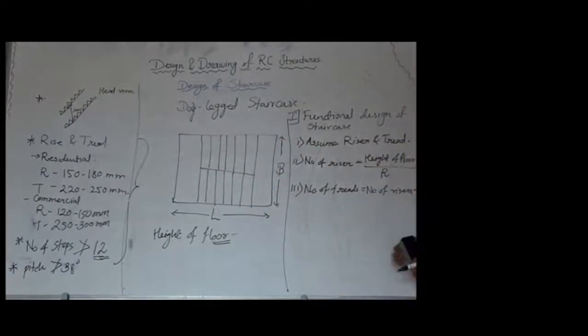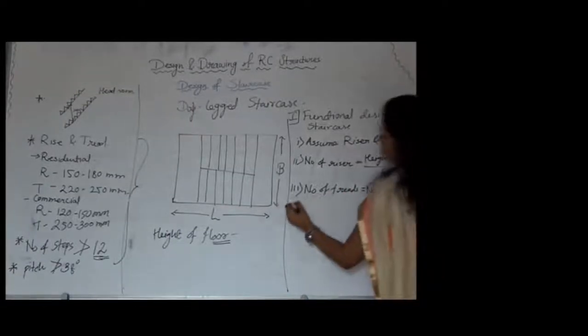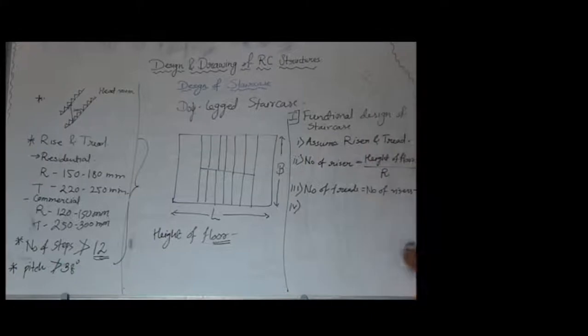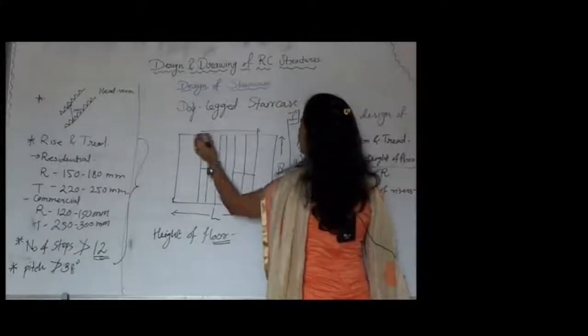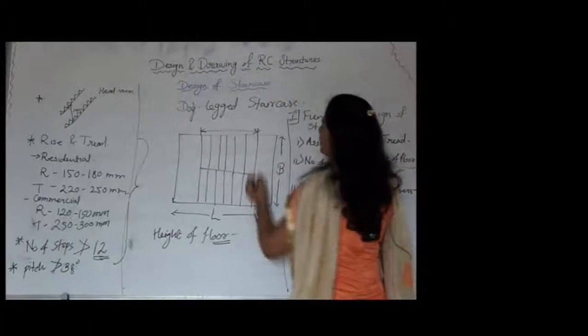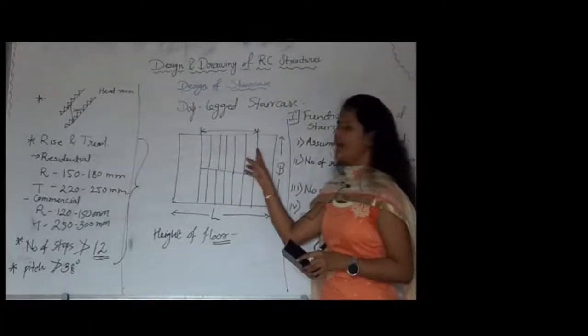Once we have plotted the number of treads, we can find a going distance, that is nothing but G, and this going distance is nothing but a distance between first riser and last riser.